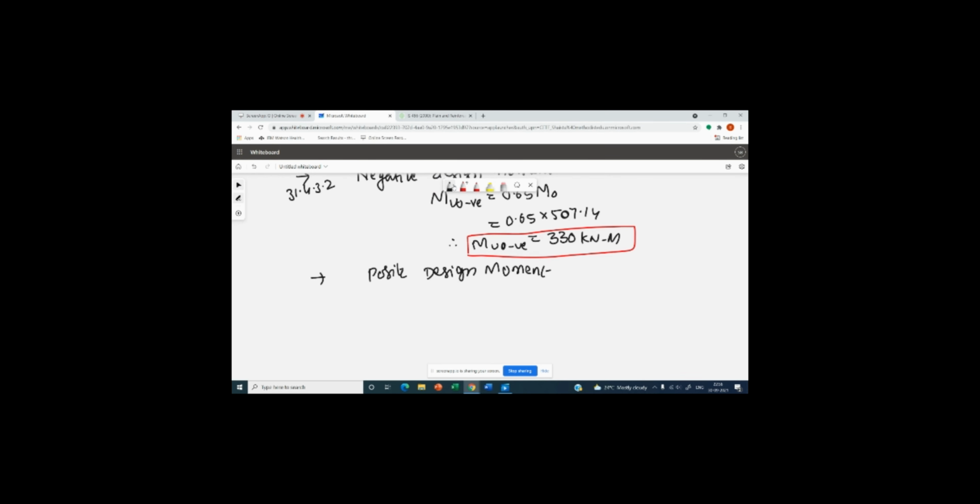Mu positive is equal to 0.35 times 507.14. So that comes out to be 177.5 kilonewton meter.